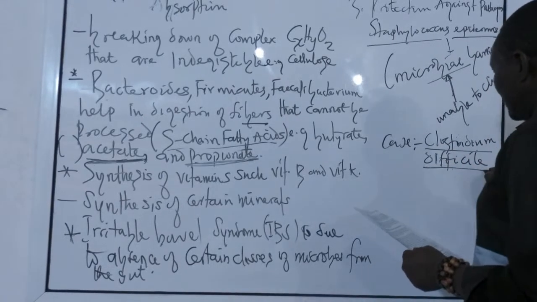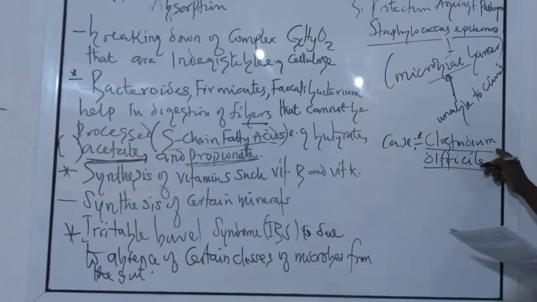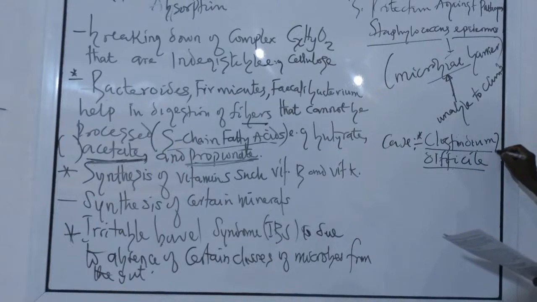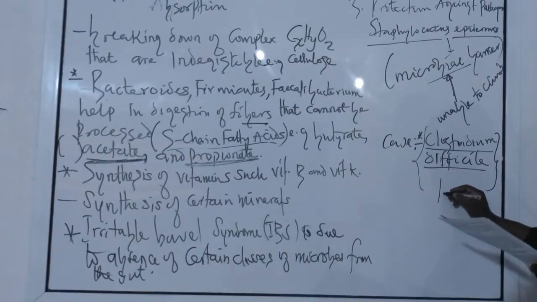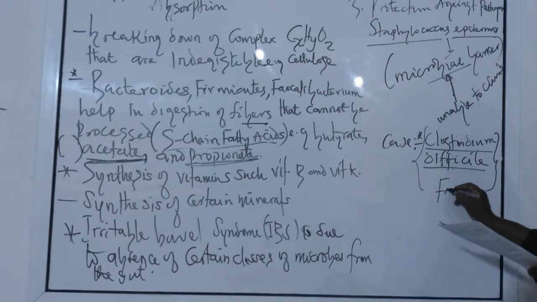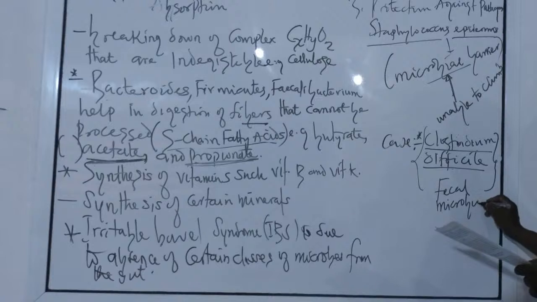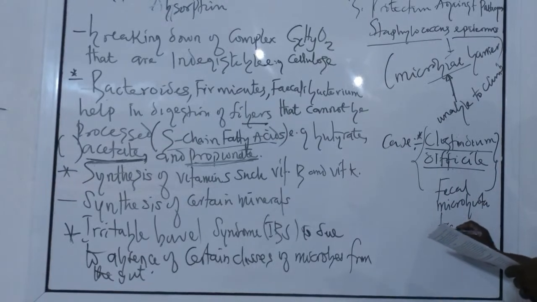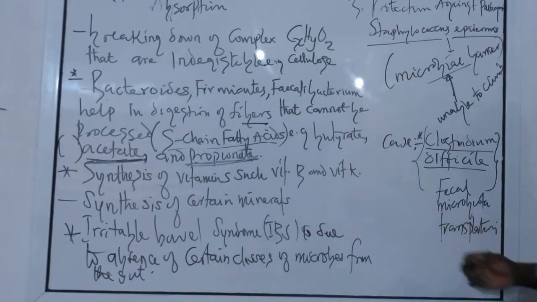This species of microorganism has been known to be able to treat certain infections through the use of what is called fecal microbiota transplantation. So there are certain conditions that you can only cure by introducing certain microorganisms.